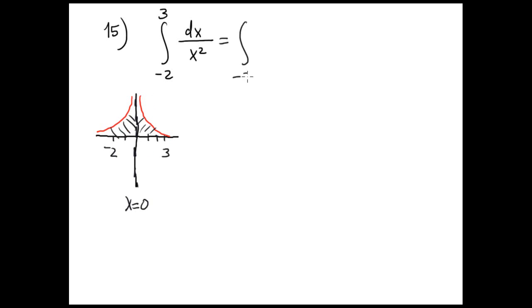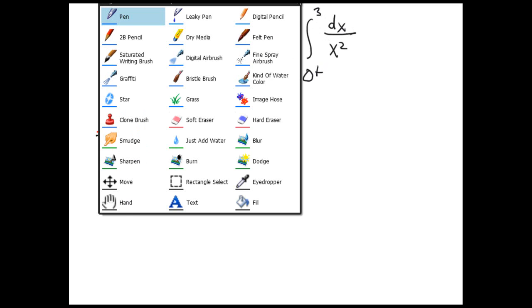The first one is from negative 2 to 0 minus, where you approach 0 from the left, plus the integral from 0 plus, where you approach 0 from the right. Okay, this is the idea. And the idea is to compute this integral one by one.